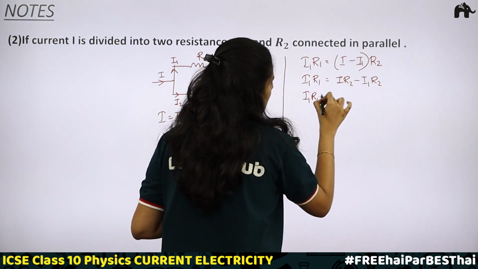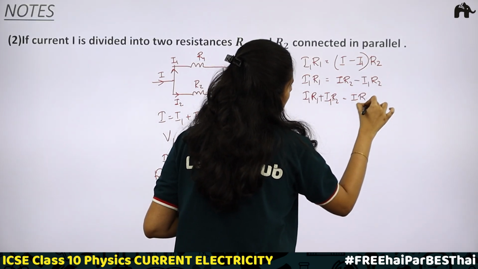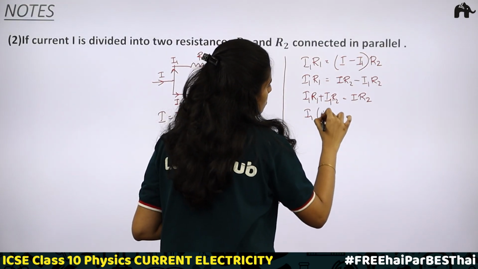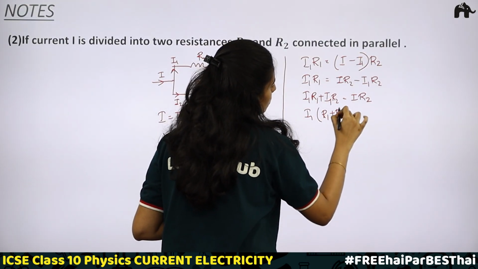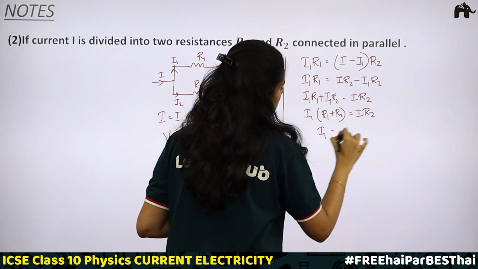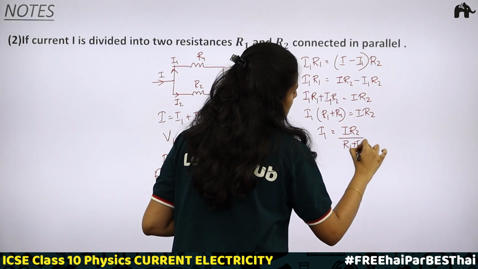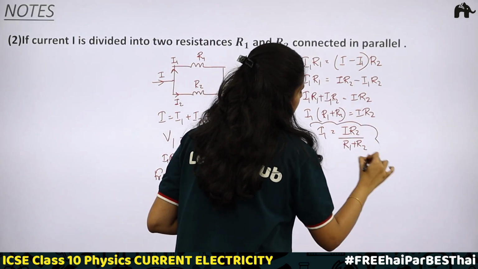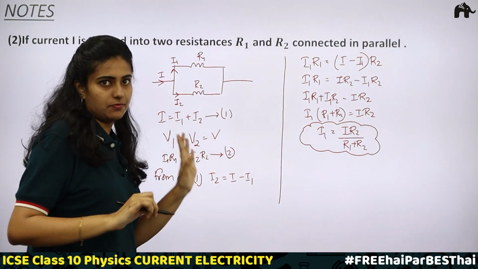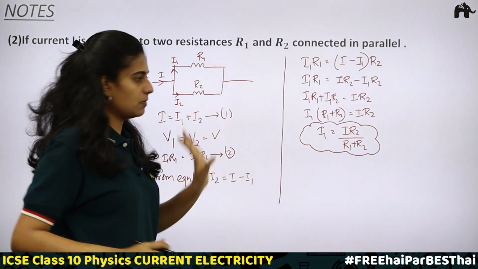I1 R1 plus I1 R2 is equal to I R2. I1 is common: I1 into R1 plus R2 is equal to I R2, and I1 is equal to I R2 divided by R1 plus R2. So this is how you can find the current through resistor R1.